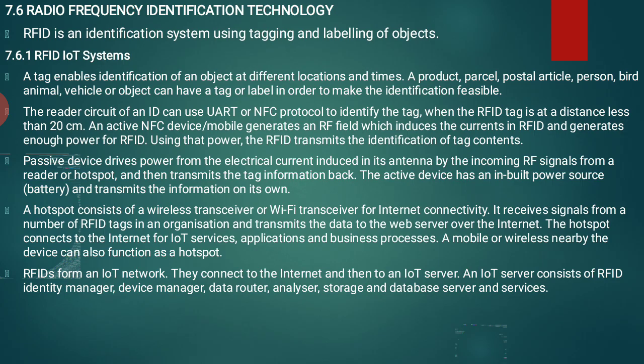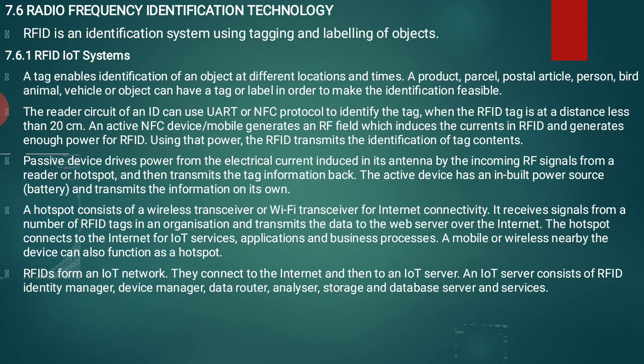Hotspots consist of a wireless transceiver or Wi-Fi transceiver for internet connectivity. It receives signals from a number of RFID tags in an organization and transmits the data to the web server over the internet.